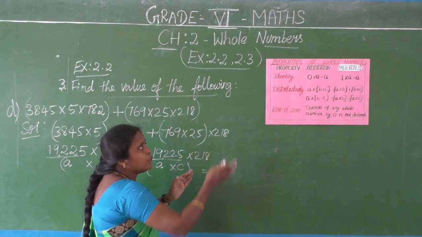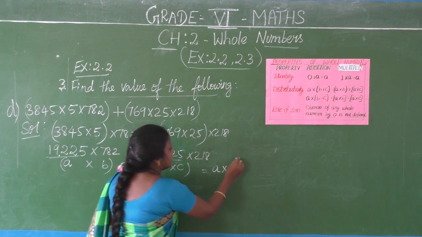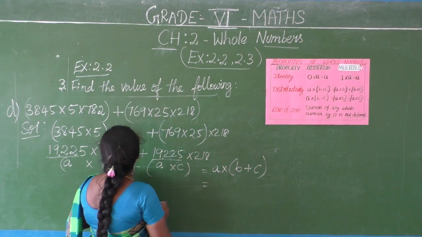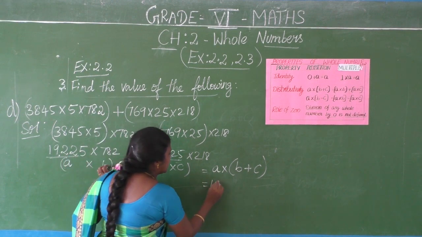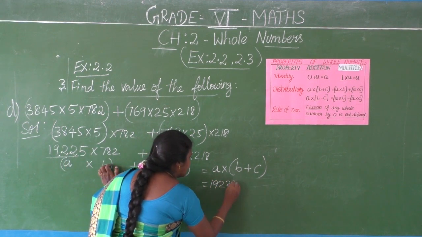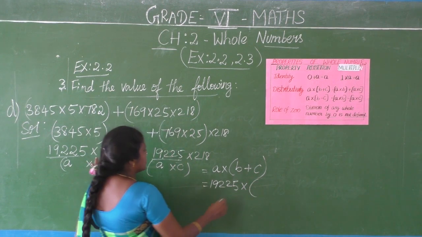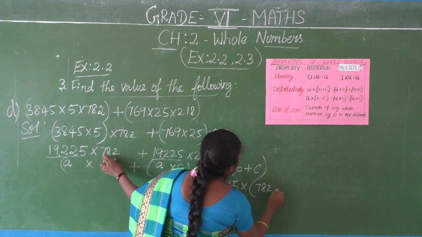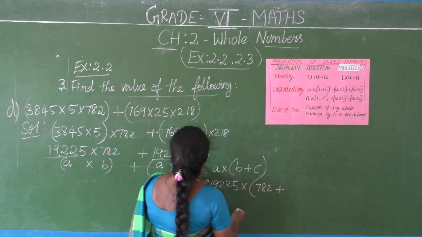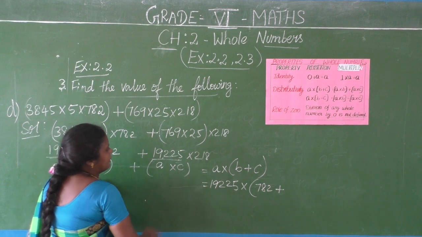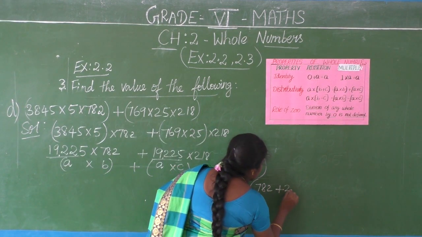So it is enough to prove that left side, A into B plus C. So what is A value? A value is 19,225 into, what is B value? 782 plus, what is C value? This is B, this is C, 218.